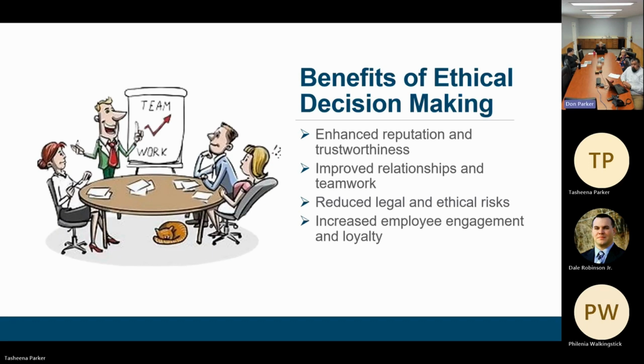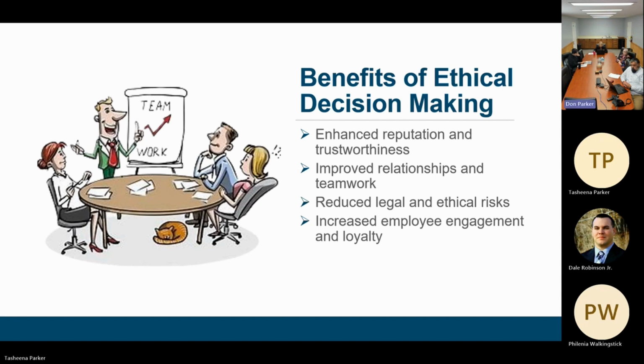So now that you have an understanding of the components of ethical decision-making, let's explore the benefits of ethical decision-making. Enhanced reputation and trustworthiness. Prioritizing ethical behavior helps individuals and organizations gain the trust and respect of others, leading to stronger relationships and increased credibility.